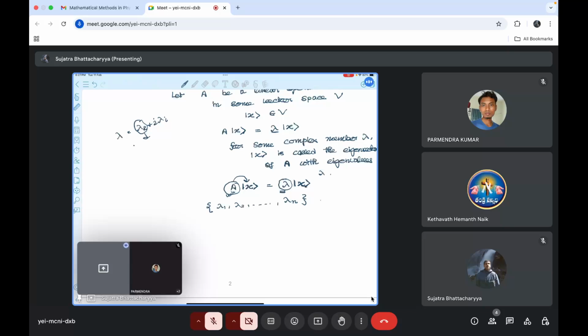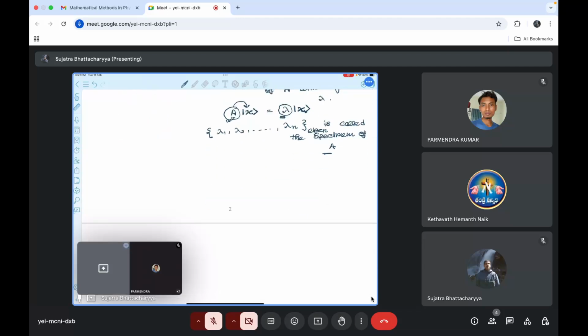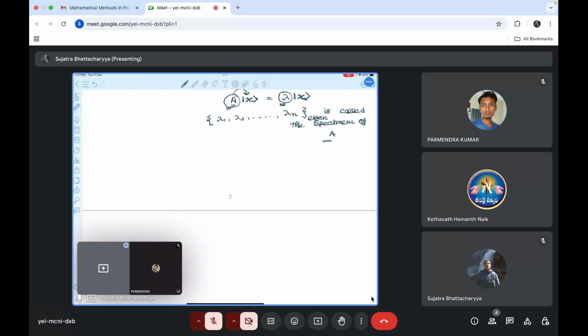So lambda one to lambda n is called the spectrum of A, or you can call this the eigenspectrum of A. So if you have some n by n matrix A, which is operating on some n by 1 vector, which has n rows and one column, you will get n eigenvalues and x. Sometimes you may not get n eigenvalues. You can say that repeating eigenvalues are there. In that case, we will see what we call those. Okay, this is one of the things.